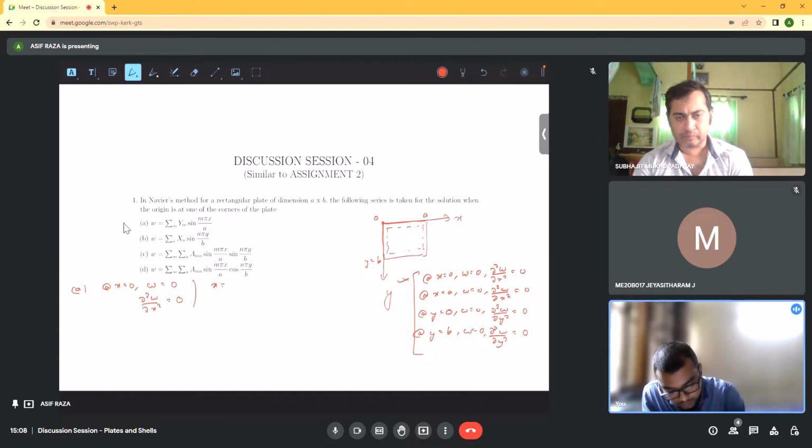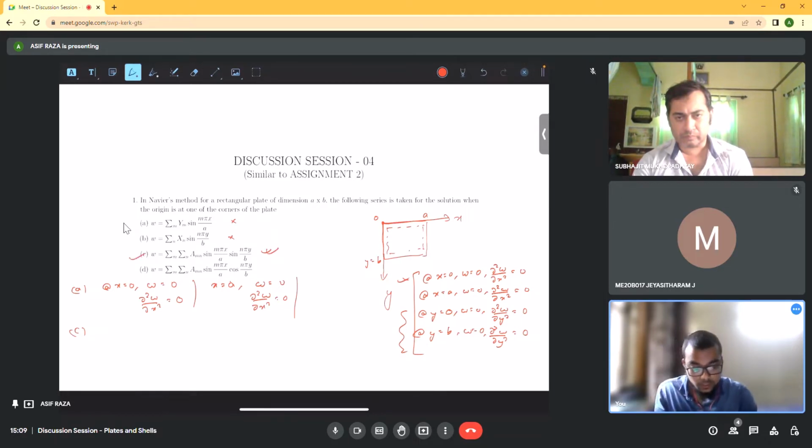At x equal to a, we get this condition as well as this condition satisfied. But these two conditions won't be satisfied as this is not given. So this won't be our option. Likewise, the second option will also not be there. If we see the third option and substitute all these four conditions, they will be satisfied. So the correct answer is option C.